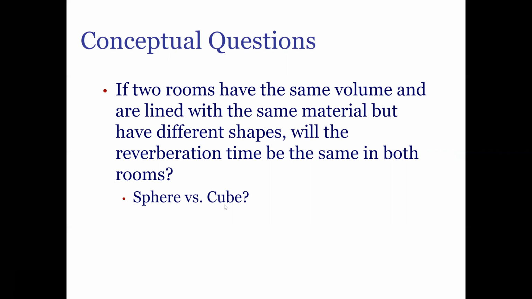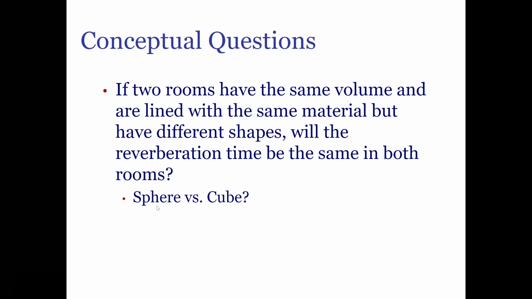They use specifically a sphere versus a cube. A sphere has a surface area of 4 pi r squared, and a cube would have a surface area of 6s squared, so whatever the side length is.